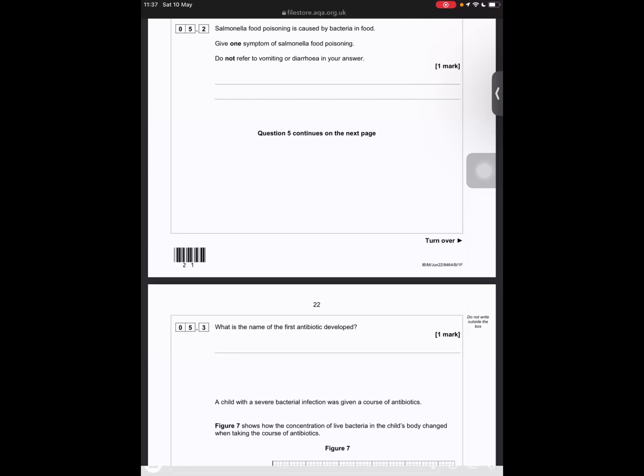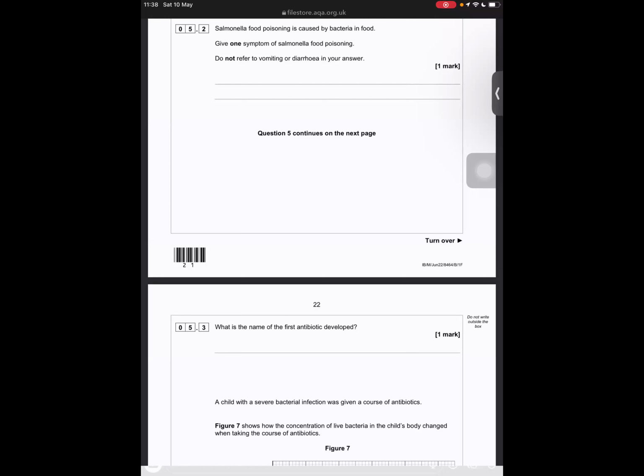So I know there's the person who helped to discover a way to preserve milk using the method called pasteurization.